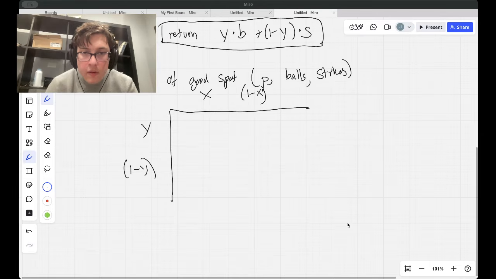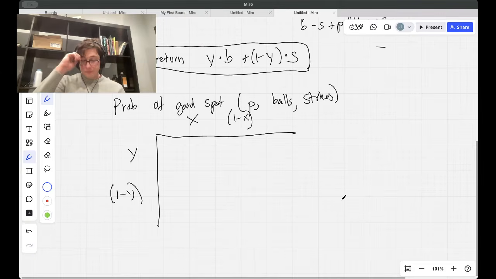Drat this. Okay. So here, the probability of a good spot depends on p, balls, and strikes. Here we have x, 1 minus x, y, 1 minus y. If it's an xy, they hit the ball, then this will be equal to probability of good spot where balls has increased by 1.